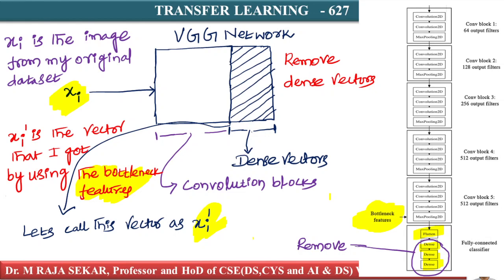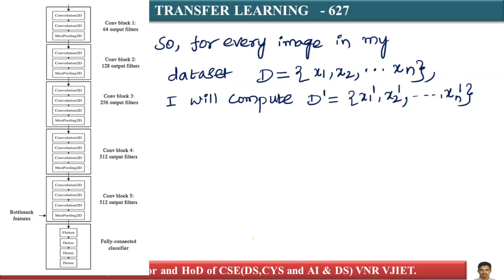What do I get here? I get a d-dimensional vector. So for every image, this is important. For every image x1, x2, so on, xn in my data set capital D, I will compute corresponding x1 dash, x2 dash, so on, xn dash using the VGG network, isn't it?